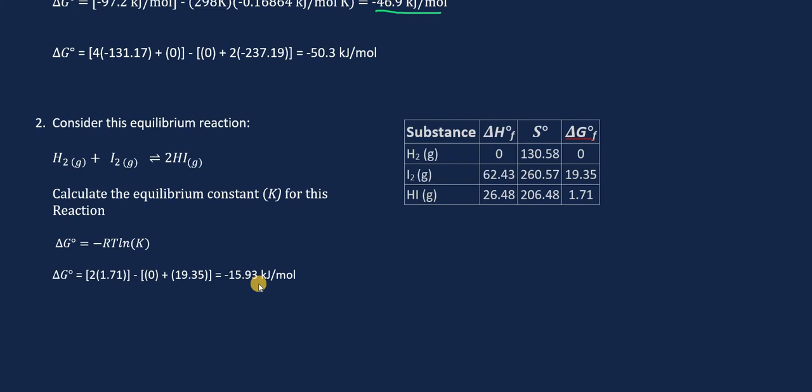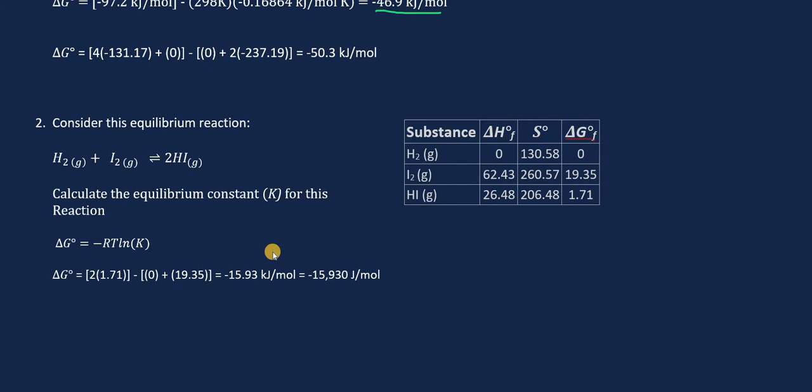However, we have to keep units in mind here because our equation involves the gas constant R, which has joules in its units. So we've got to convert these kilojoules into joules so that when we plug it into our equation, the units match. Multiply it by 1,000, and that will give you the joules per mole that we can plug into the equation, and the units will match with the gas constant R.